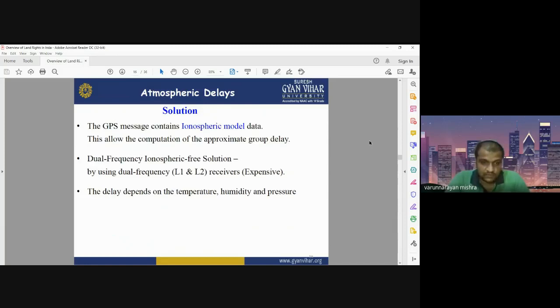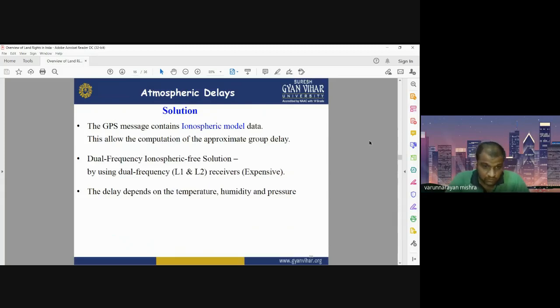Ionospheric particles may be charged because of the higher temperature or the solar radiation coming from the sun. So in summer, most of the signals coming from the GPS satellite may be affected by the ionospheric concentration, or total electron content.